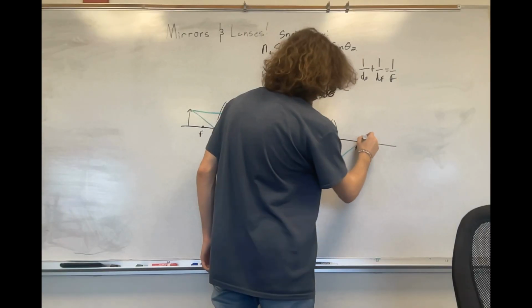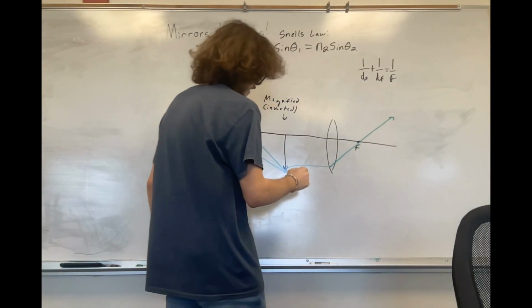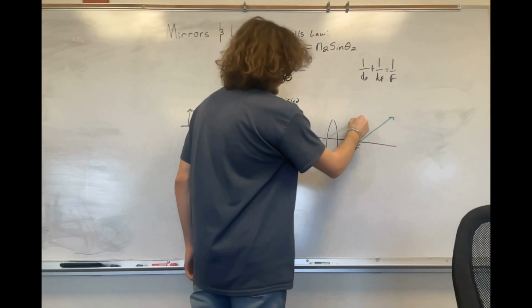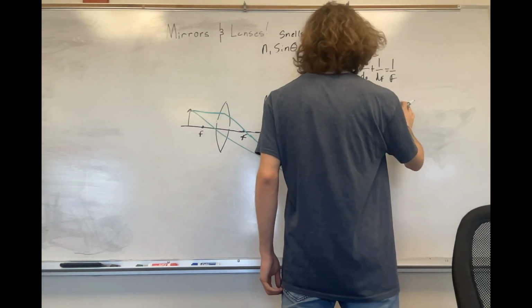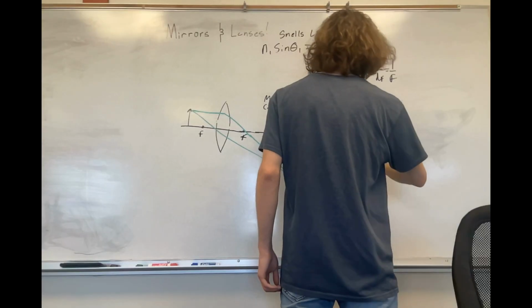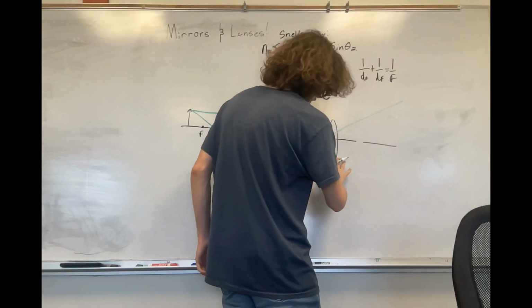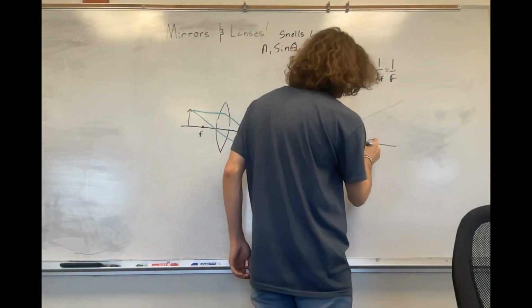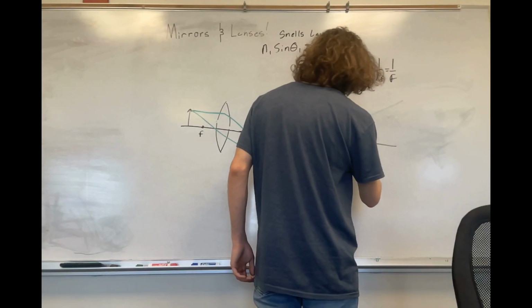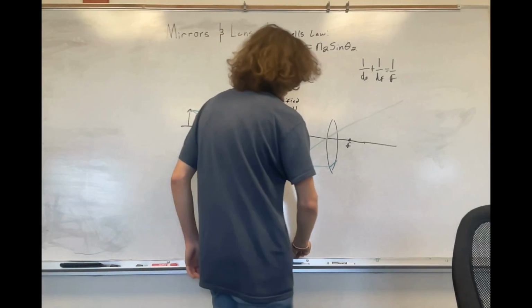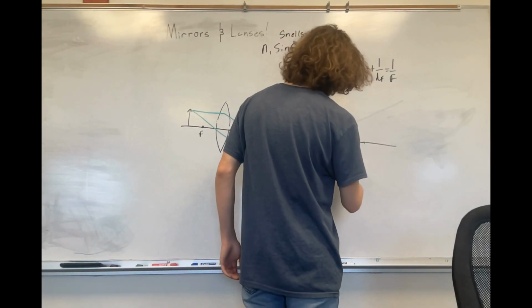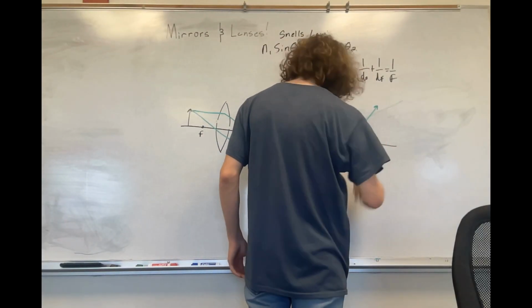Well, we know it will go through like this, and let's say it goes through the center. Let's maybe make the focal point a little closer, just so you guys can actually see this. Maybe this is how you engineer it. You bring the focal point a little closer too. Okay, so something like this.